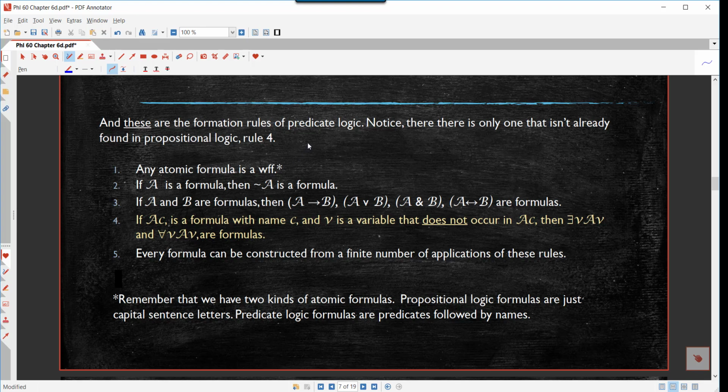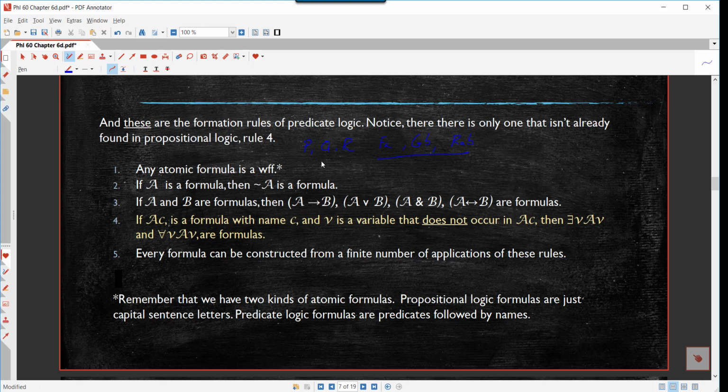So in addition to being, say, P or Q or R, we also have atomic formulas from predicate logic, and these would be ones that are simply a predicate together with a name, right? So it could be Fa, it could be Gb, and it can also be more than one name if we're using two-place predicates, three-place predicates, so we could have Rab.